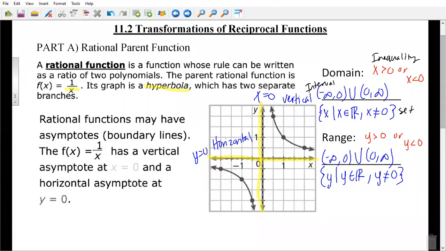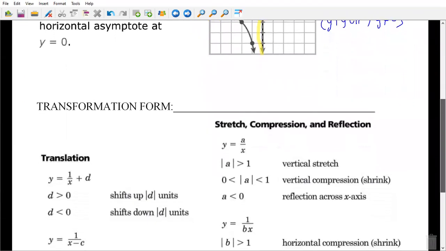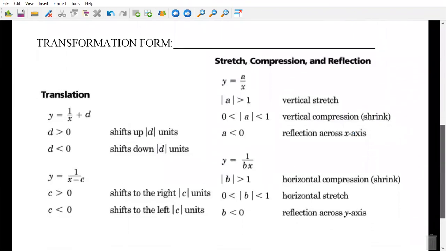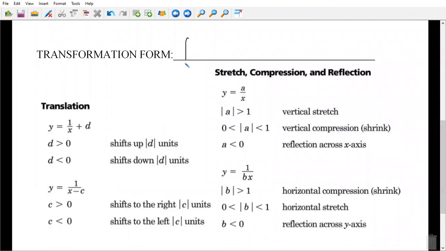All right, so now we're going to talk about transformations. Sliding on down to our transformation form. Just like all our other transformations, if we have f of x and we're analyzing the function, in the numerator we have our a. a is our vertical stretch and compression.